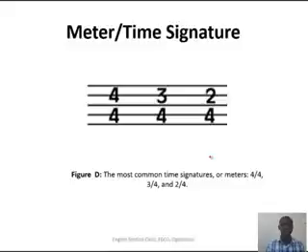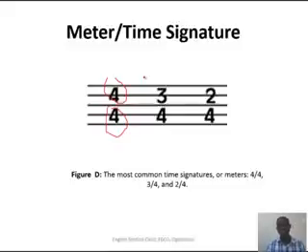And if you observe these time signatures, you have a number at the top and a number at the bottom. The top number tells you how many beats will be in each measure. I hope you are able to recollect from the previous lessons what a bar and a measure mean.